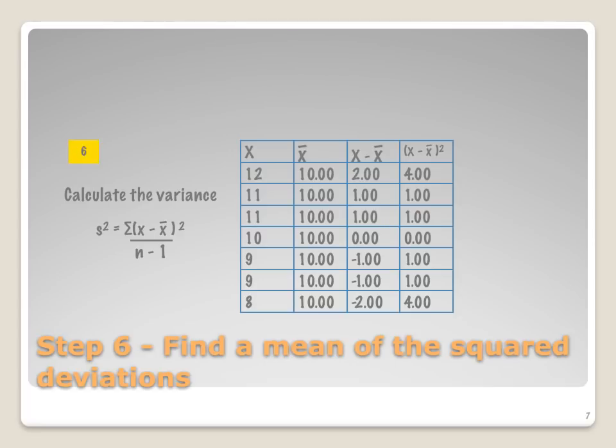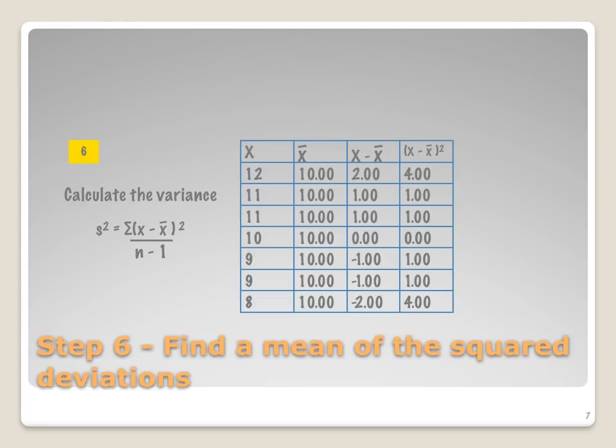Typically what we use when we're doing a mean is the number in our sample. So instead of using the number of scores as the denominator, we will use a slightly different number. This number will be the number of scores minus 1. So first let's calculate it, and then I'll explain a little later why we use this number.